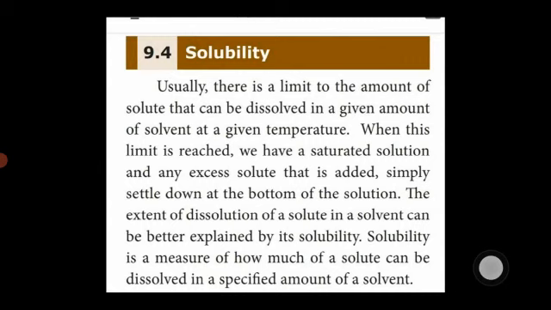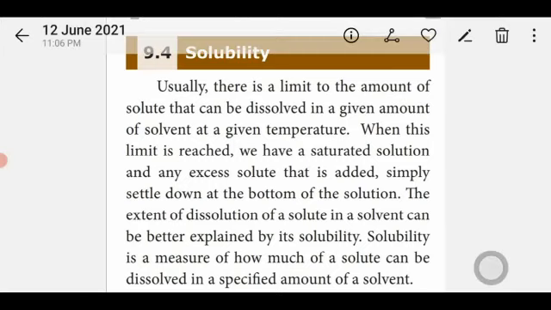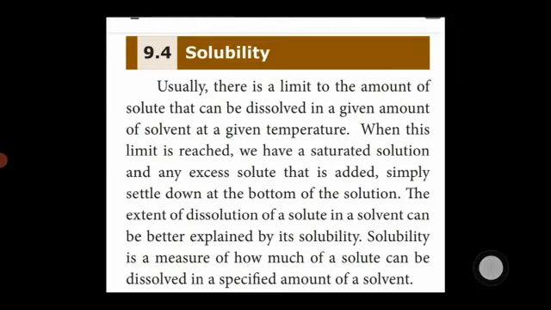What is solubility? Usually, there is a limit to the amount of solute that can be dissolved in a given amount of solvent at a given temperature. When this limit is reached, we have a saturated solution, and any excess solute that is added simply settles down at the bottom of the solution.